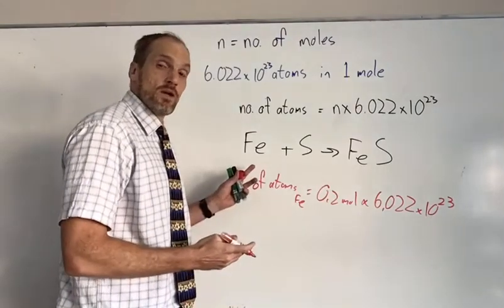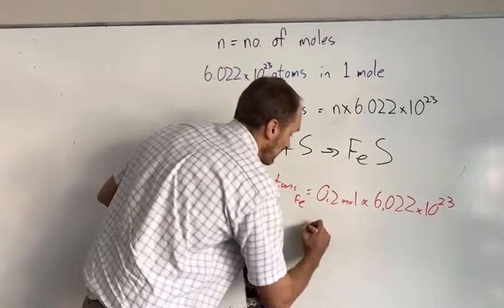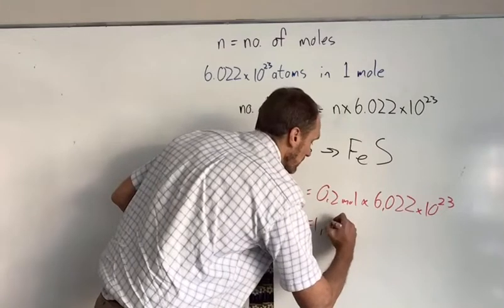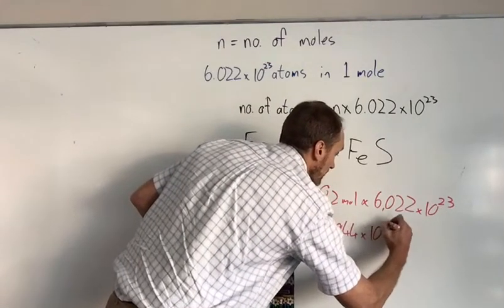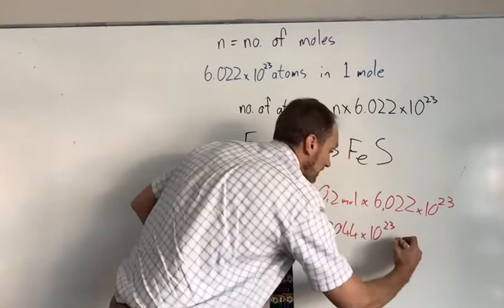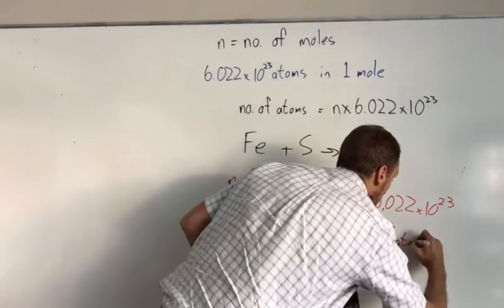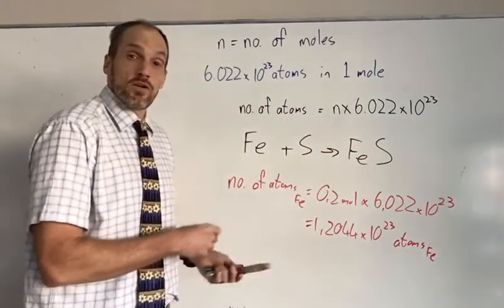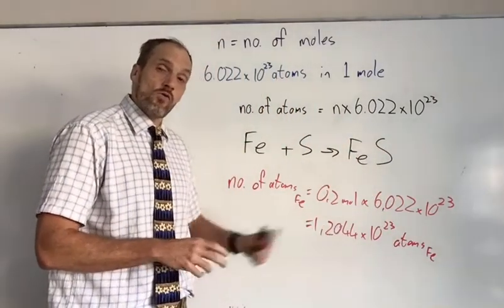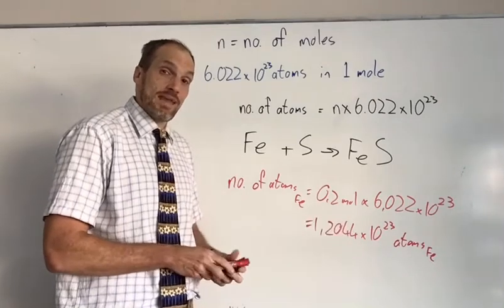In this case, we're talking about iron, and that will give you 1.2044 times 10 to the exponent 23 atoms.